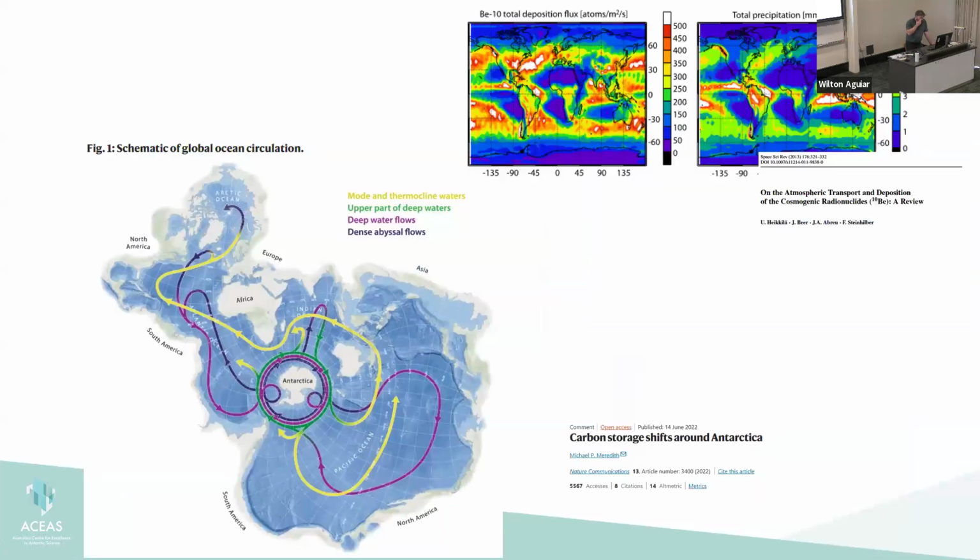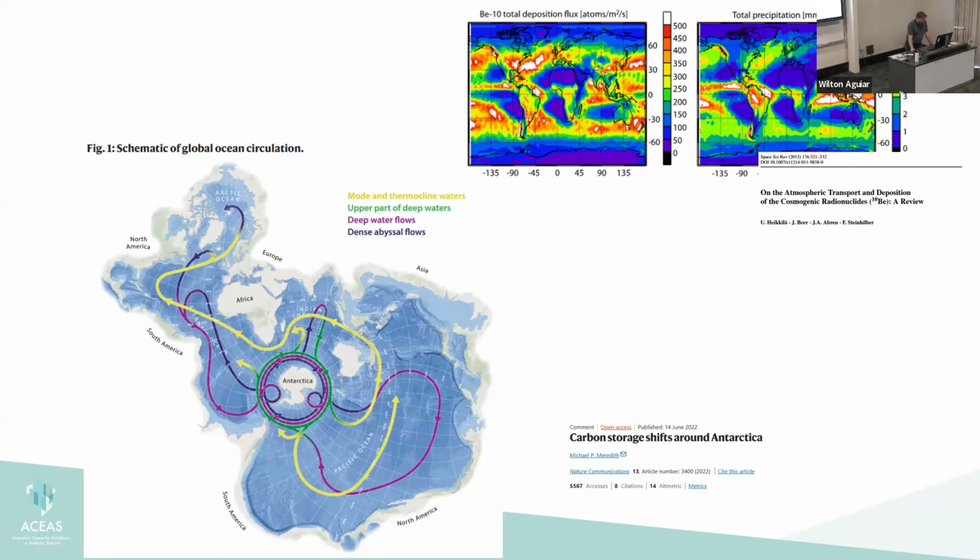So during my PhD, I went away and tried to come up with another way in which beryllium might be getting to the continent. And what came back to Dwayne's paper, where circulation is clearly moving stuff around. So looking at the areas where beryllium is most deposited, which is up here, it follows these rain belts, but this is happening at mid-latitudes rather than towards the pole.